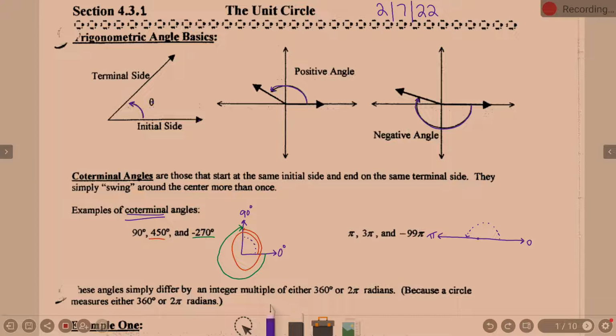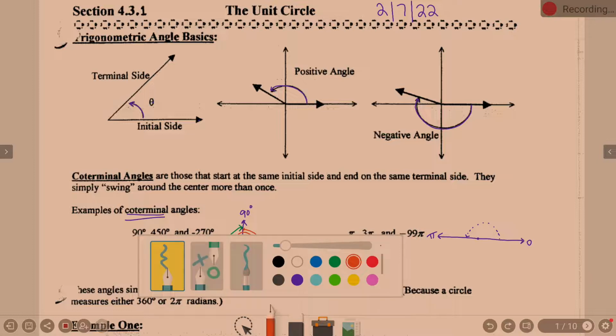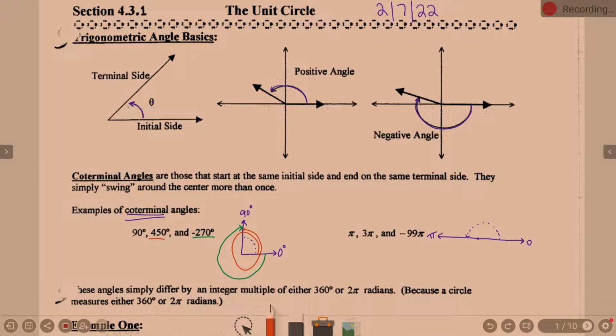Now, the claim is that 3 pi is the same. Can you process what 3 pi is doing? It's positive, so we're still going to go the same way, right? As I start here, and I go up and around, here I'm at pi. When I go once around, what am I at?